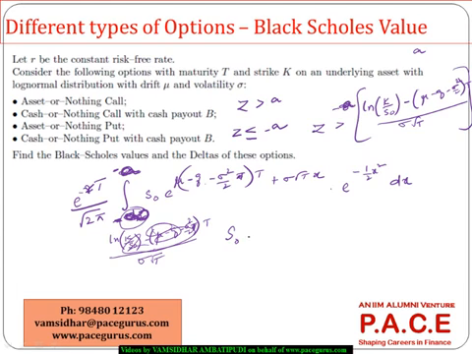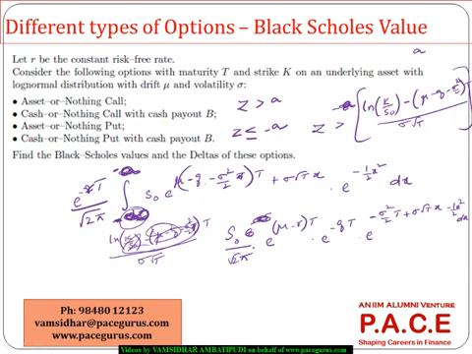Now S naught into e power minus RT, or S naught divided by root 2 pi, e power minus RT, if I am keeping it as it is, e power mu minus R times T into e power minus qt into e to the power of minus sigma squared by 2 into t plus sigma root t into x minus half x squared dx.